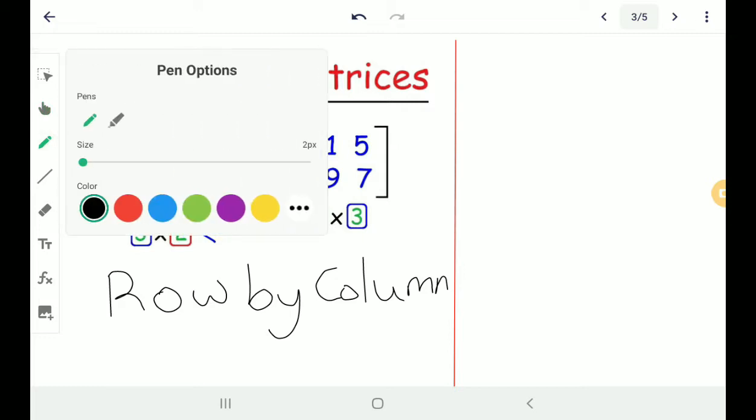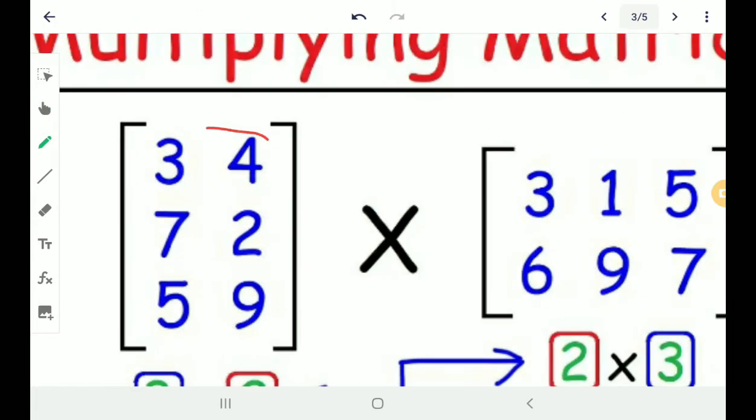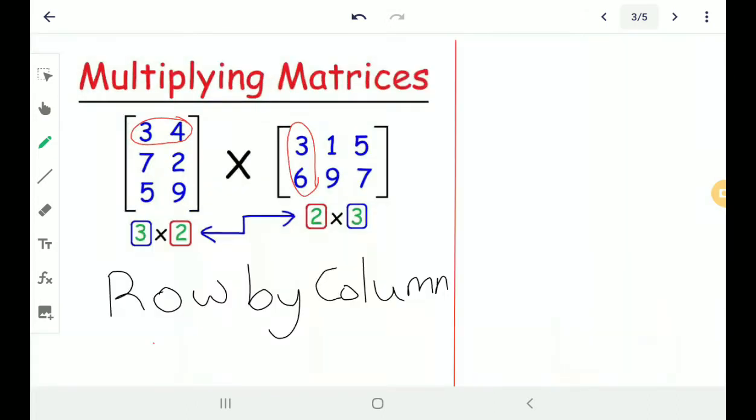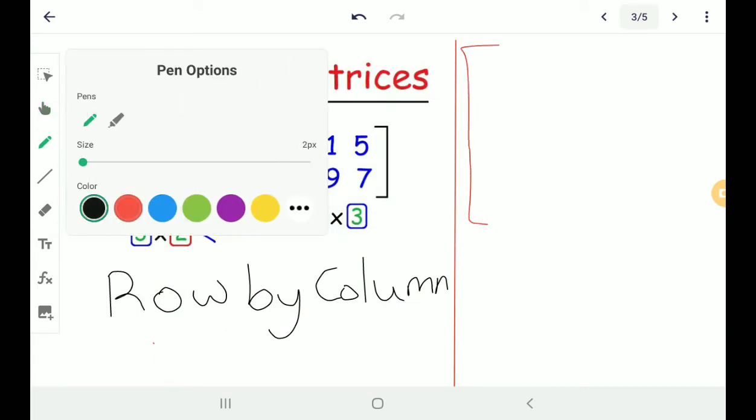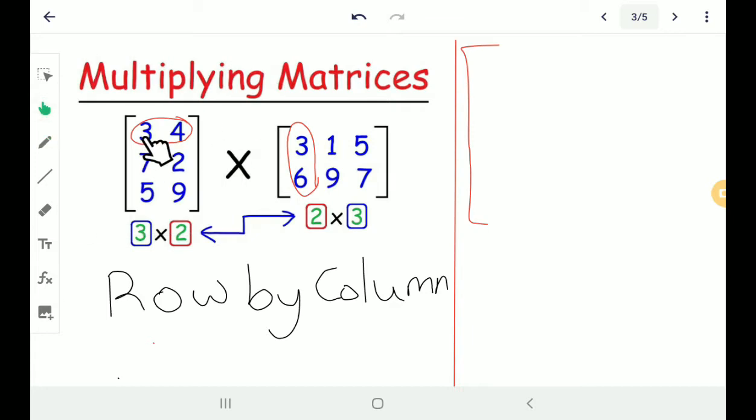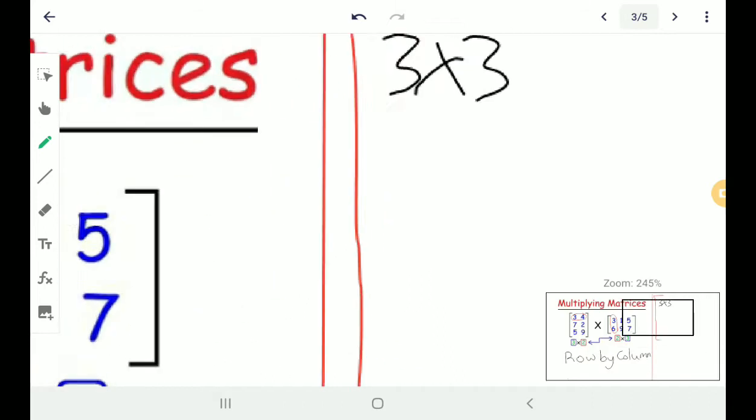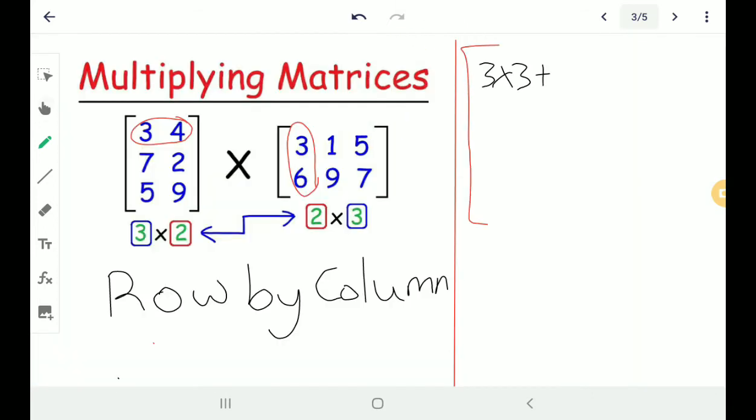So if we were to highlight the element in the row versus the element in the column, we would end up with 3 multiplied by 3 plus, what would we multiply now? 4, which is the second element in the row, by the second element in the column. So it's 3 multiplied by 3 plus 4 multiplied by 6.